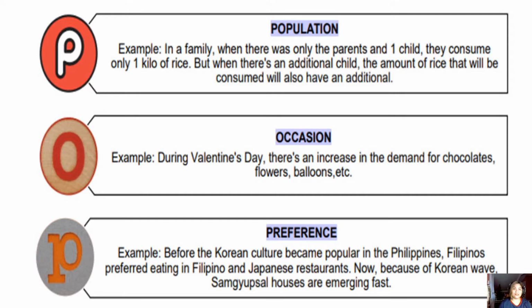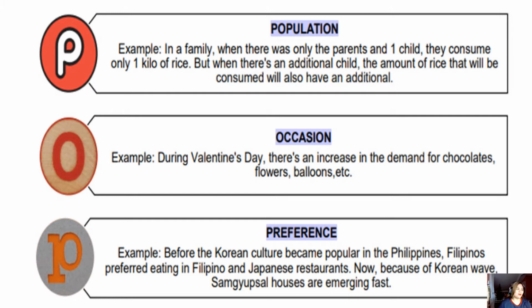Therefore, with the increase in the population in your family, there would also be an increase in the demand. Let's say before, when you were just three in the family, you were consuming 1 kilo of rice. But when there was an additional sibling, then the demand for rice increased. From 1 kilo of rice, it increased to 1 and 1/4 kilo. So that is population as a determinant of demand.